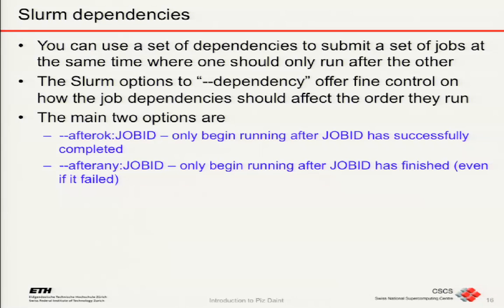You can put in dependencies, and the most important one is --dependency=afterok and a job ID. You can get a whole stream of these. If anything fails, then you have to go back and repair the bad work. But if they're all succeeding quite happily, then you'll be able to just leave them to run. And this is something that can be quite useful for you.